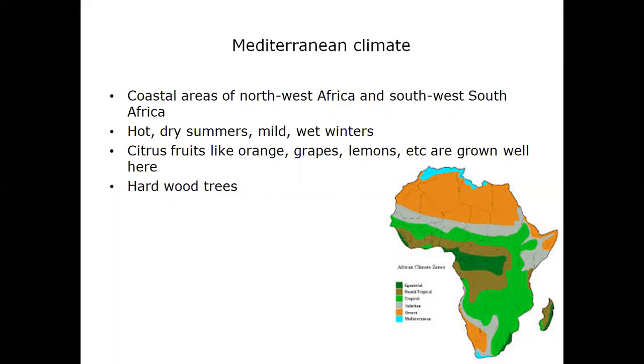Here, it's mostly hot and dry during summers and mild and wet in winters. Citrus fruits like oranges, grapes, lemons, etc. thrive here, which is why many people here are involved in fruit farming. Although many people around Africa are mostly engaged in farming and animal husbandry. Hardwood trees are also found here.